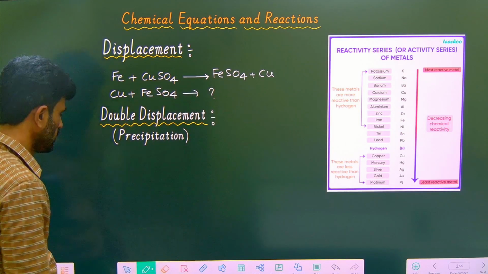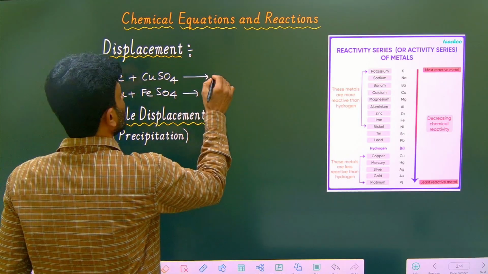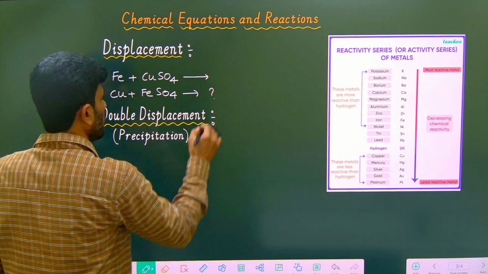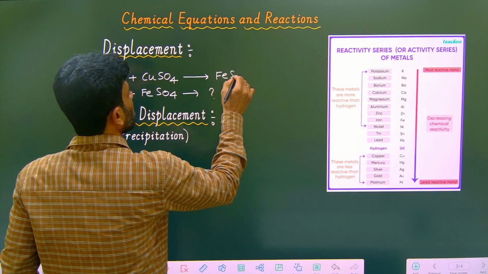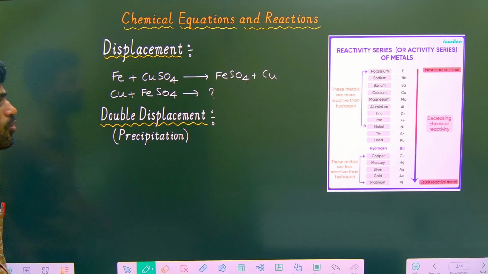Write the products. Then you can write FeSO4 plus Cu, because Fe is more reactive than Cu. Iron is more reactive than copper.